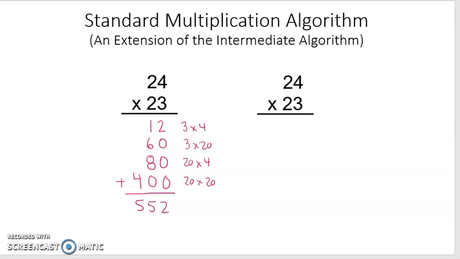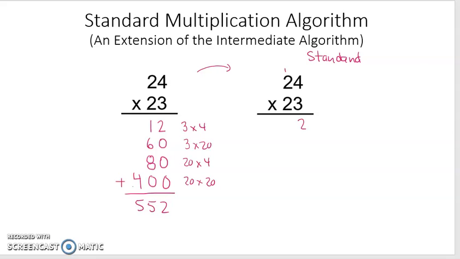When you actually finally transition to the standard algorithm over here, all you do is you collapse these values. You say, okay, 3 times 4, that is 2 1s, and I'm going to write that 1 ten above the 2. So sort of keep track. I've got 2 1s and 1 ten.